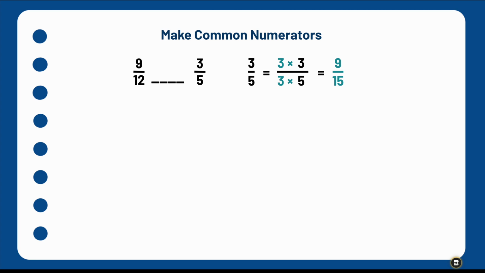We can more easily compare 9/12 and 9/15. They are both 9 of a unit, but one is 9/12 and one is 9/15. Twelfths are larger units, so 9/12 is greater than 9/15.